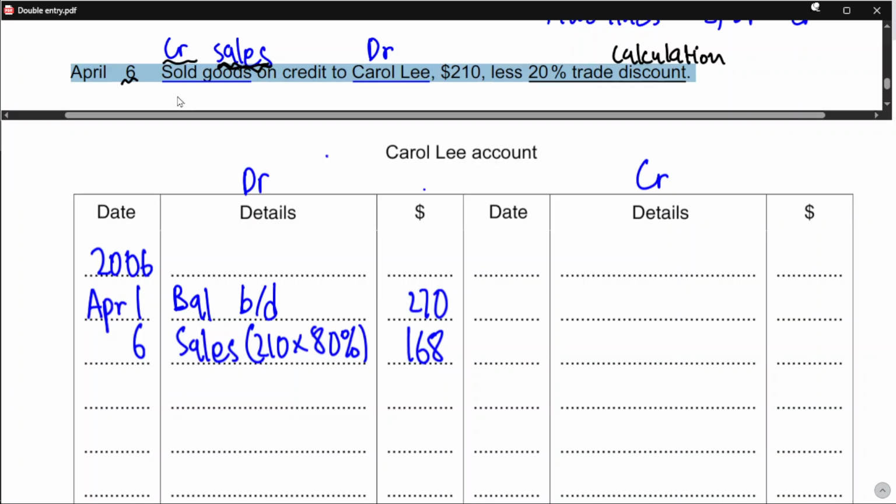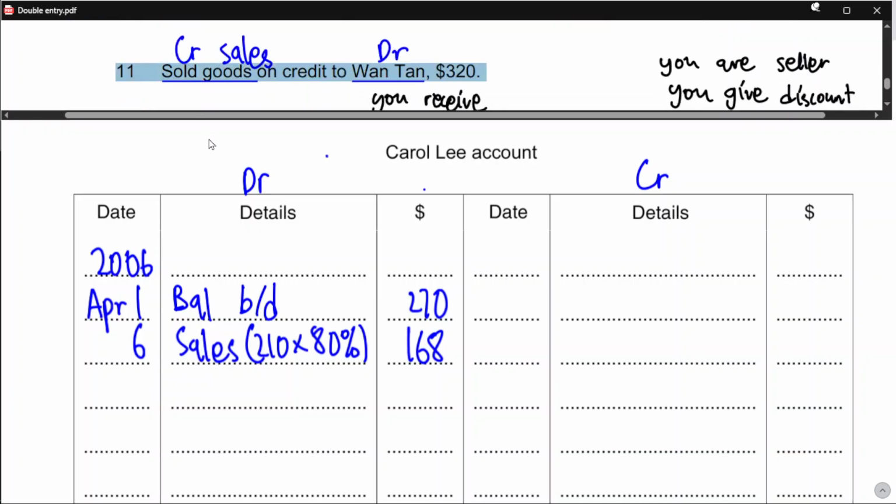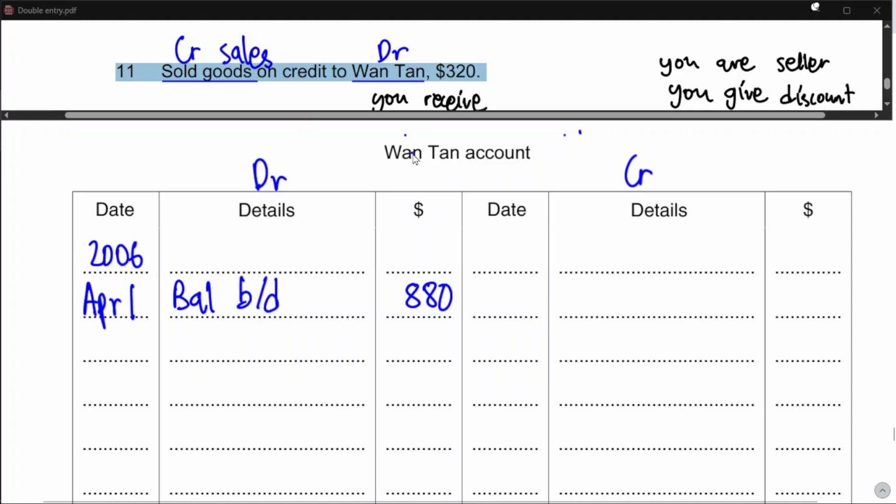Now let's go to the next line. Say 1 ton, right? So go to 1 ton account. So 1 ton debit sales, 320.